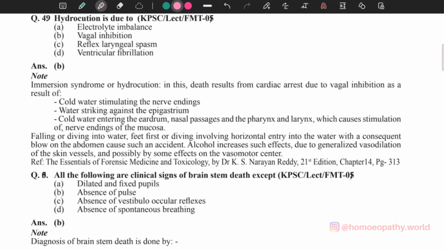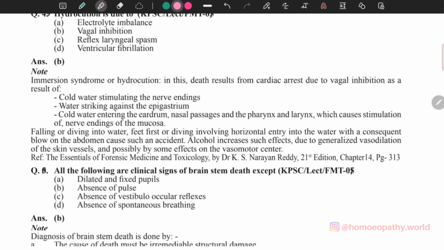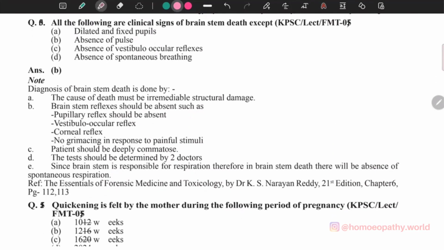Okay. Question number 49. Hydrocution is due to A. Electrolyte imbalance, B. Vagal inhibition, C. Reflex laryngeal spasm, and D. Ventricular fibrillation. The answer is vagal inhibition.